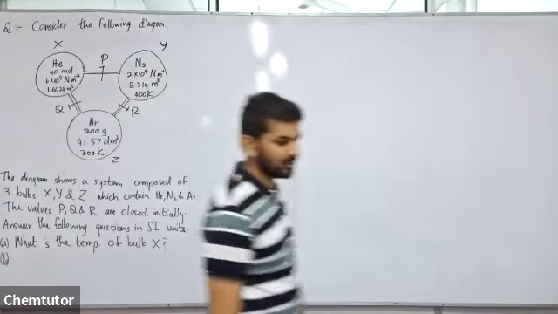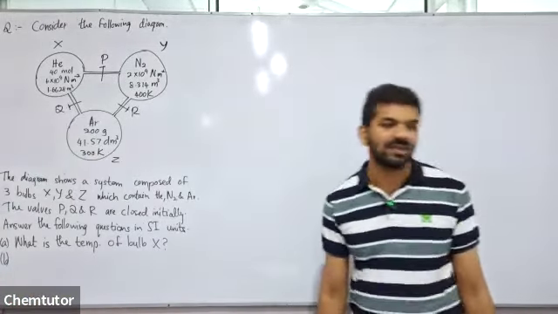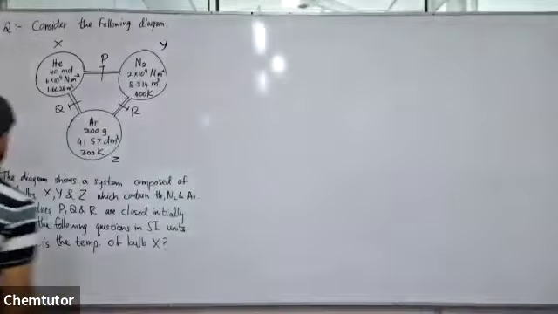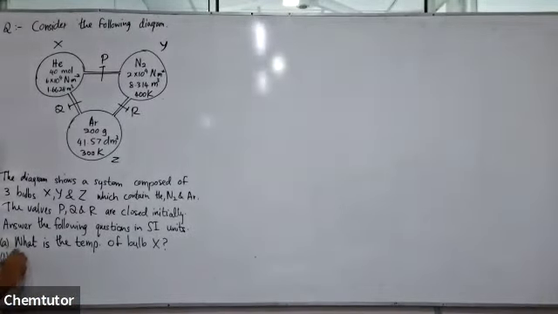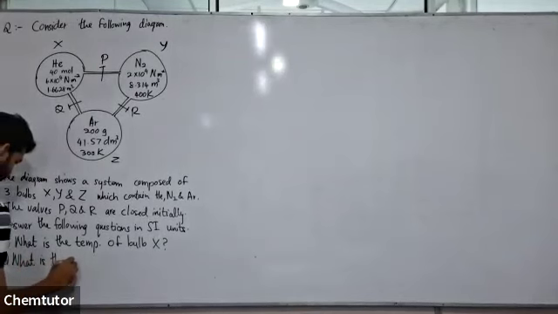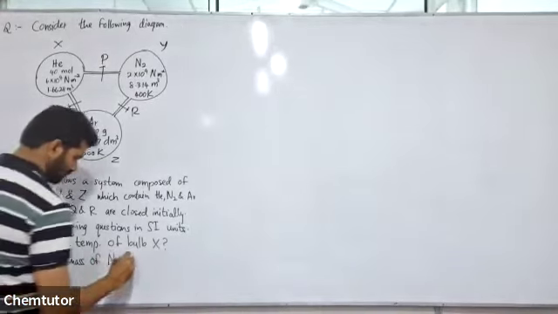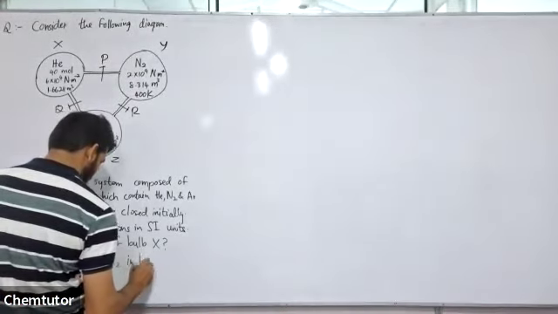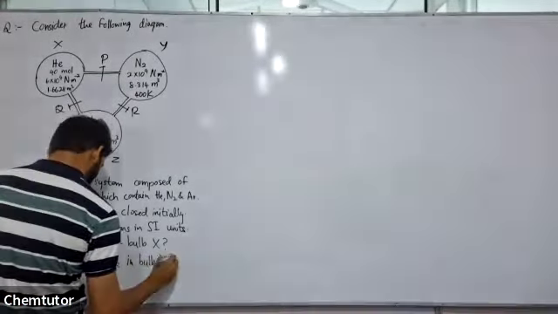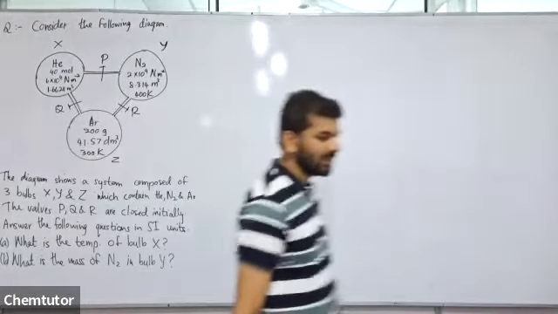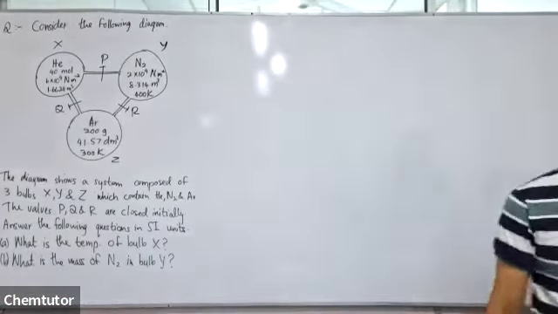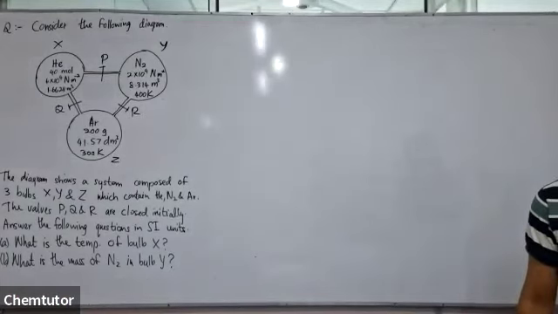In part B, what is the mass of nitrogen in bulb Y? Then part C: calculate the pressure in bulb Z.